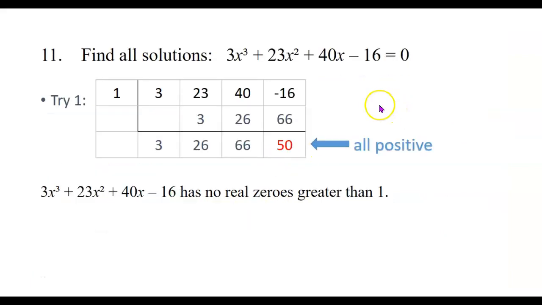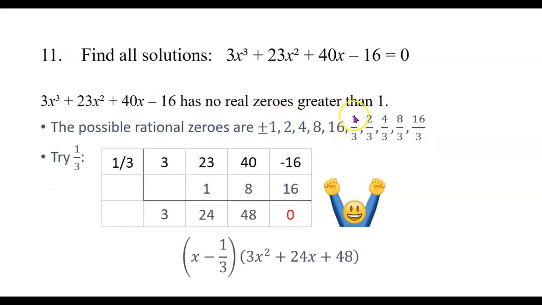Okay, back to the problem we're solving. We tried 1, it didn't work. It told us that 1 was an upper bound on the solutions. There couldn't be any that are bigger than 1. So let's try something that isn't bigger than 1. One of the possibilities on our list that was positive, but wasn't bigger than 1, was 1/3. Let's try that.